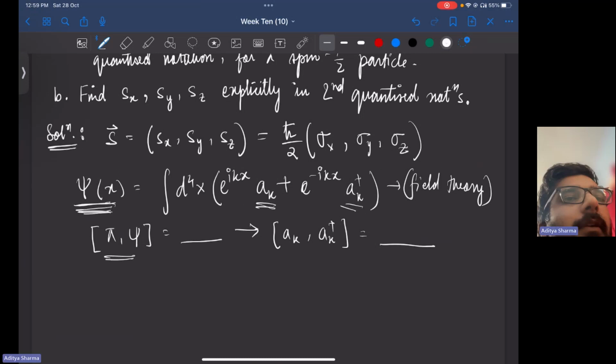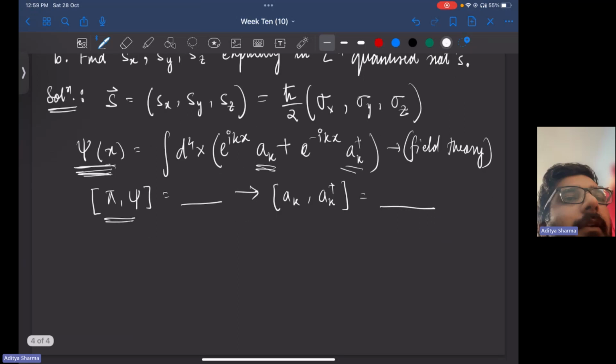And this is gotten from your classical bracket, which is the Poisson bracket between these two fields. When you quantize them by saying that now we have got a Hilbert space, you change the Poisson bracket to the commutator. So this is the idea of canonical quantization.